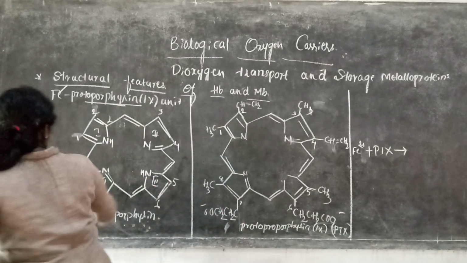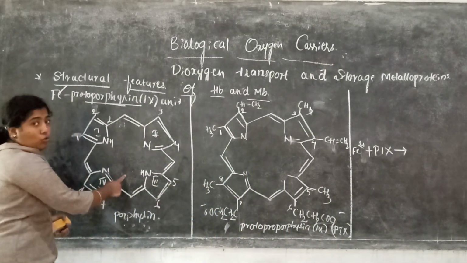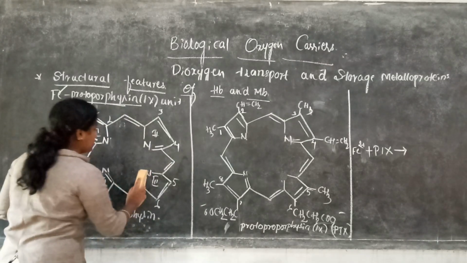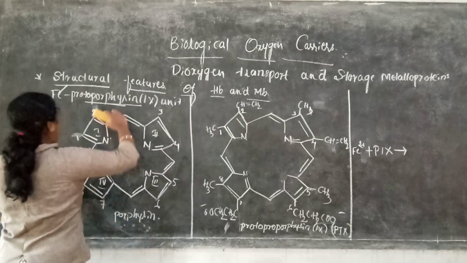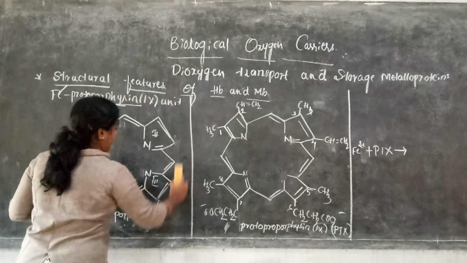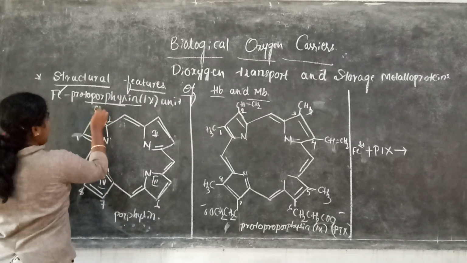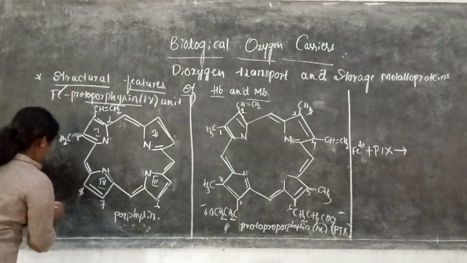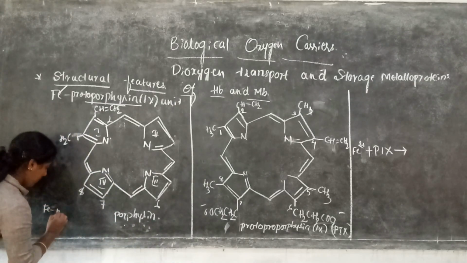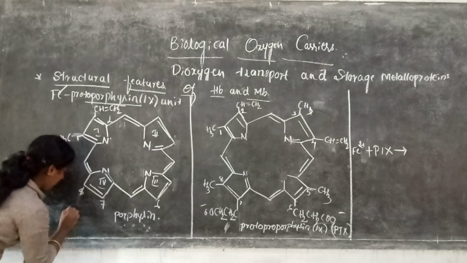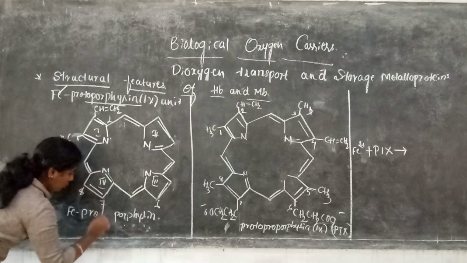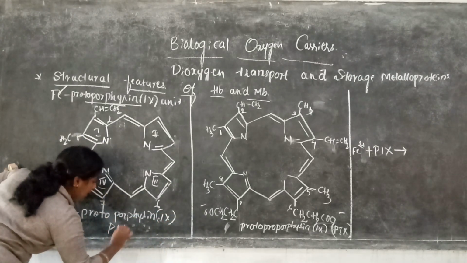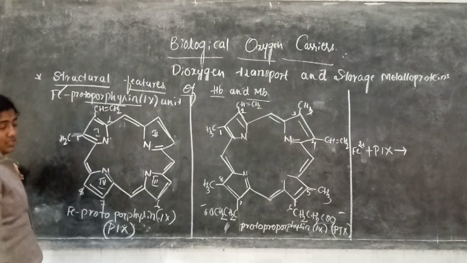I will draw the structure of the iron protoporphyrin 9 unit. Let us modify this porphyrin structure. Here CH has the same substitution group, CH2. This is iron protoporphyrin 9, also denoted as P9.